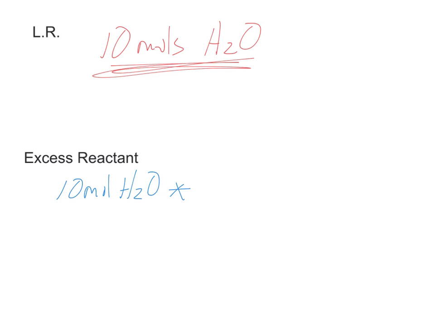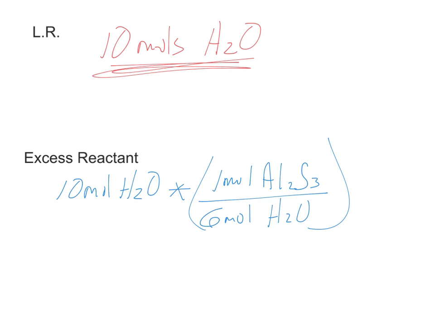and we remember our balanced chemical equation, I put on top 1 mole of Al2S3, aluminum sulfide, over 6 moles of water, because this comes straight from my balanced chemical equation. That's where I get my conversion factors from.